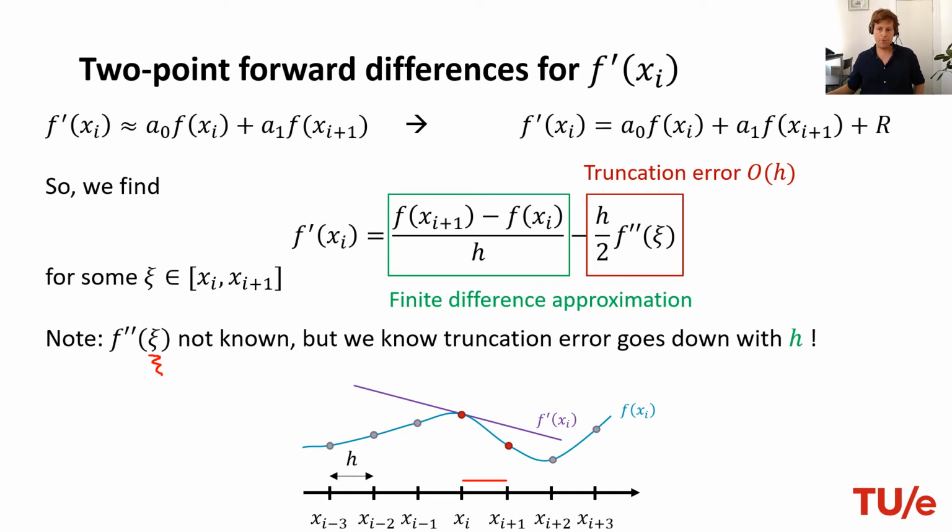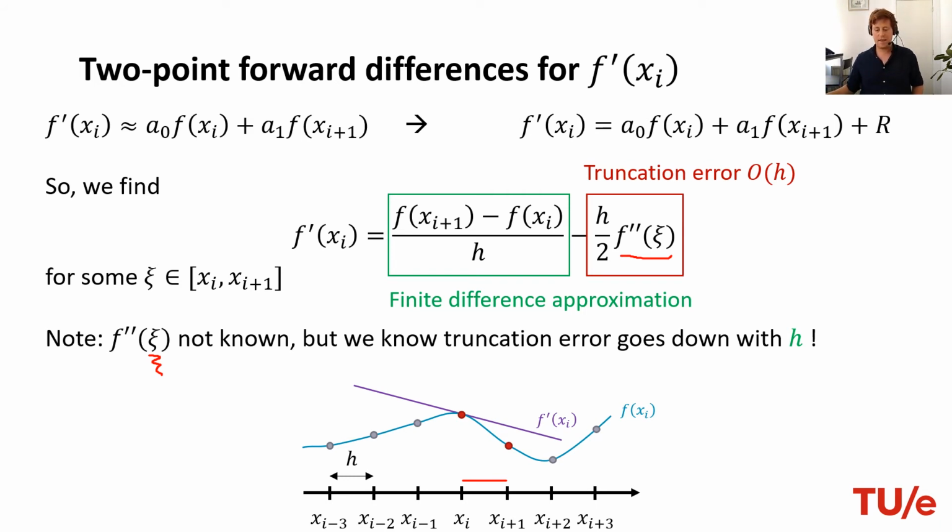So the first derivative will be smooth, the second derivative will be smooth, and it will also not be extremely large from a qualitative point of view, at least here. So we know that this thing will not be infinite. It might not be close to 0, but it's not infinite, so that's nice, because we know that this truncation error will go down with h.